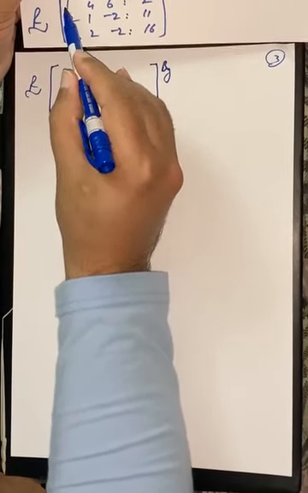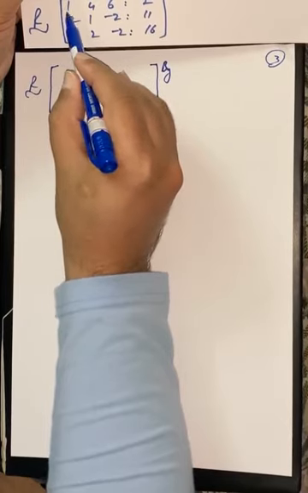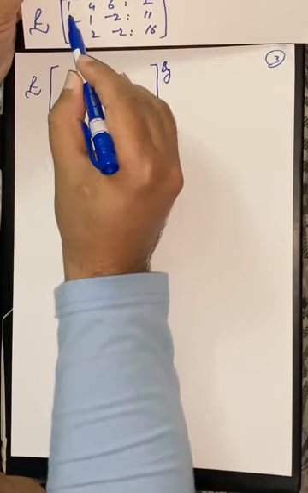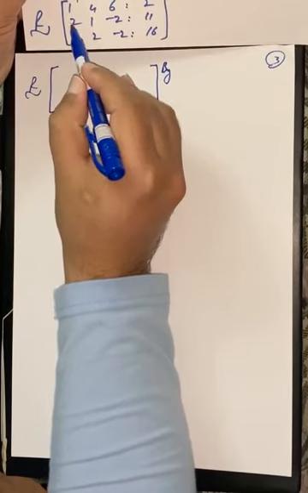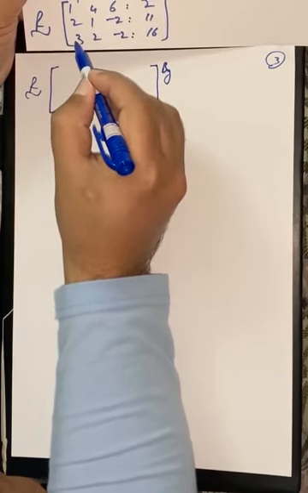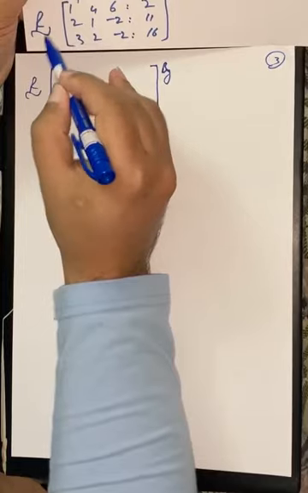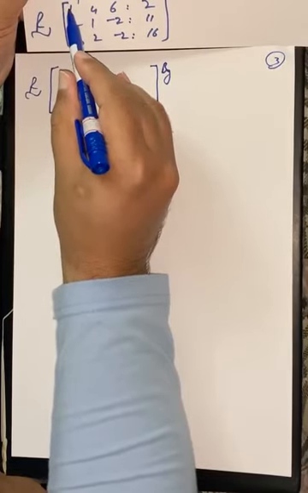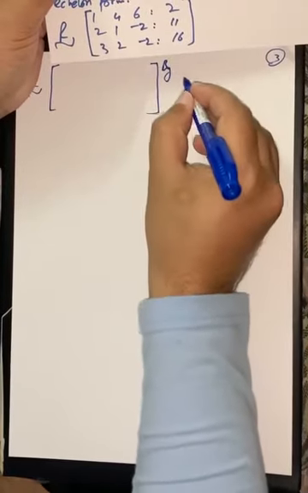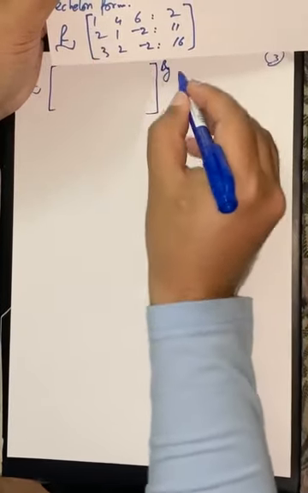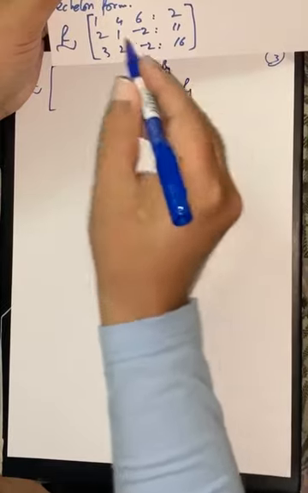Beneath 1, in the first column, I want to make all the entries 0. Okay, dear? It means I want to make 2 into 0, and 3 into 0, because we apply the row operation here. So this is 1, and what I do is by row 1, because 1 is in row 1.